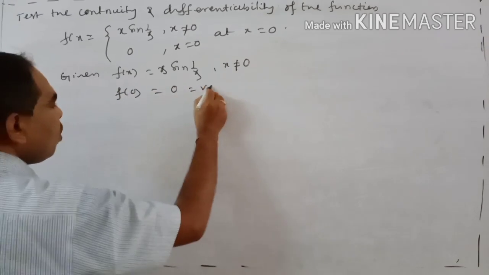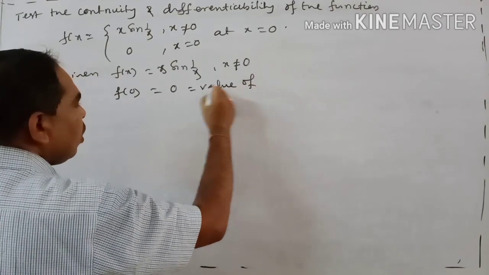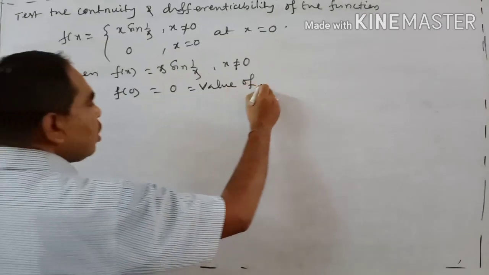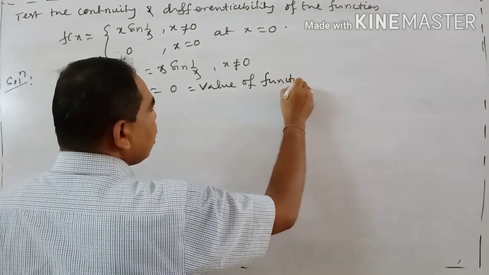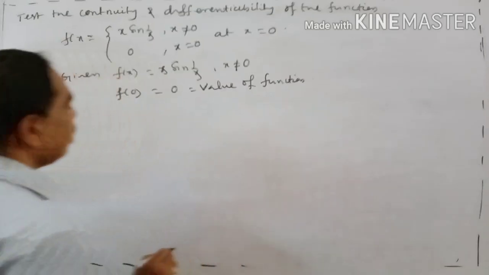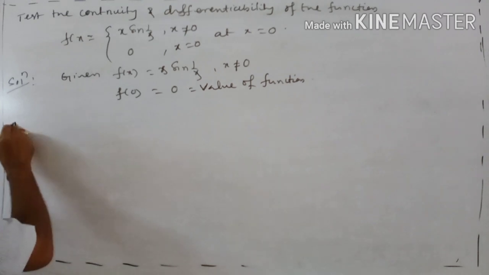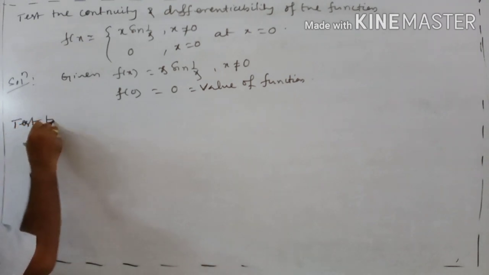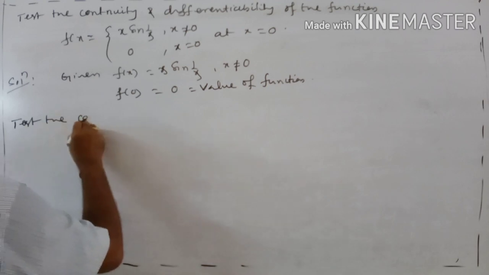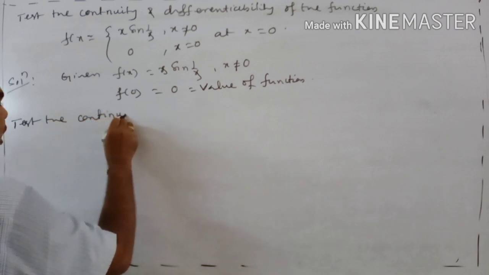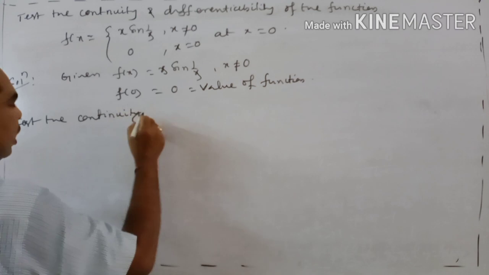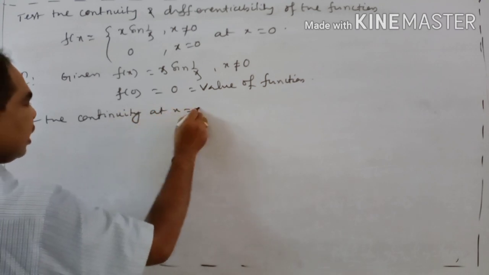This is the value of the function, f of 0. So first test the continuity at x is equal to 0.